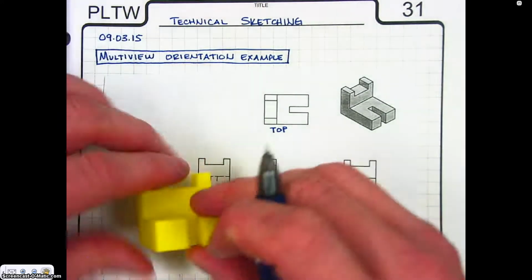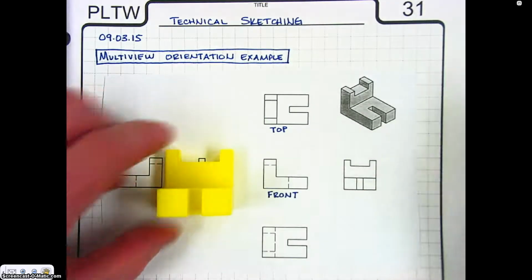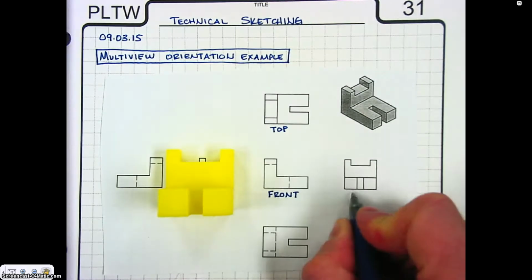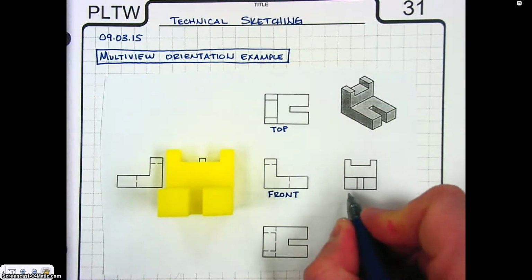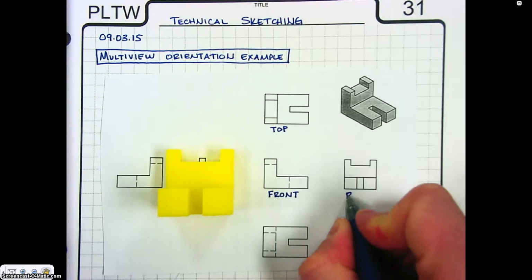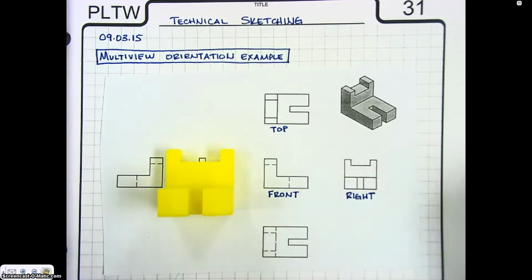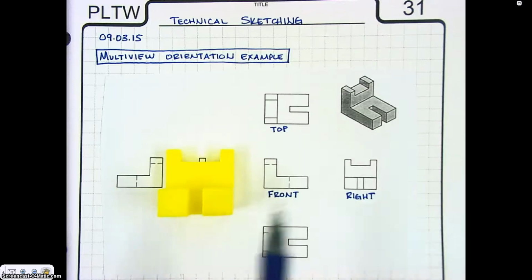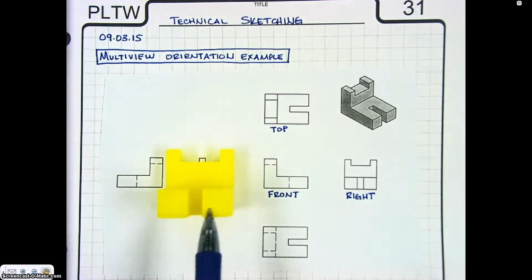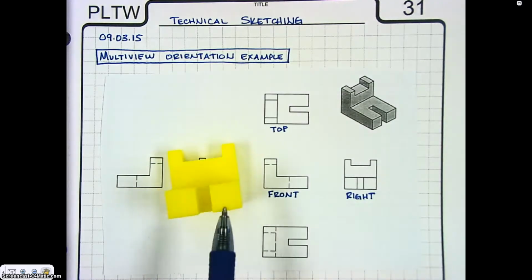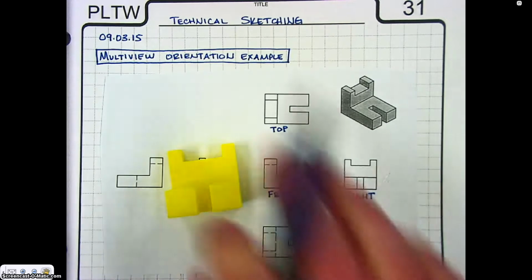If we look at the right view of it, the right view is always directly to the right of the front view. So this would be called the right view or the right side view. Again, we see this surface and this surface here, here, and here.